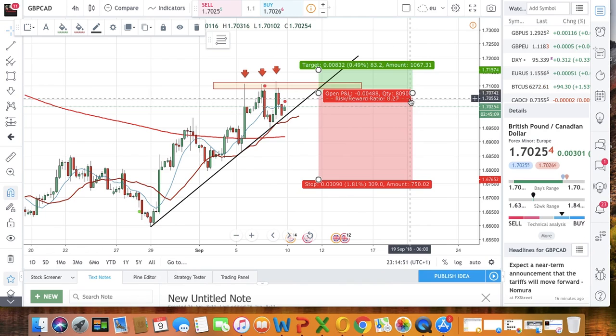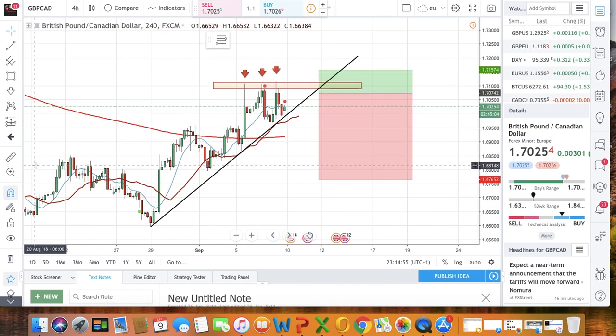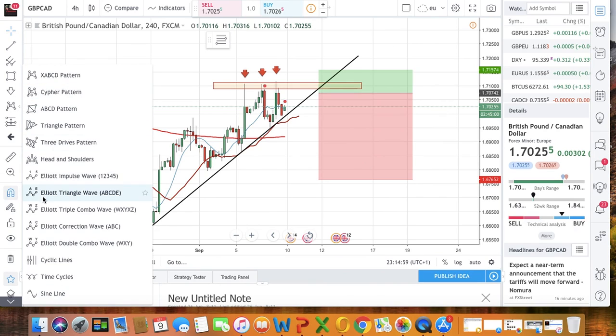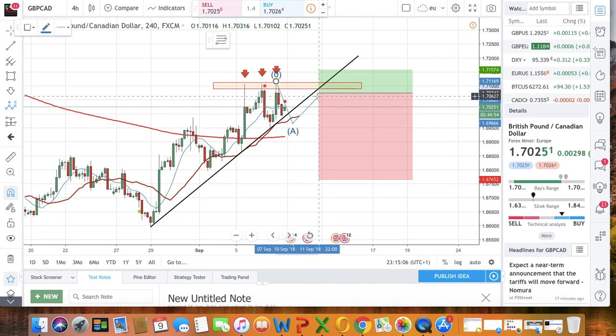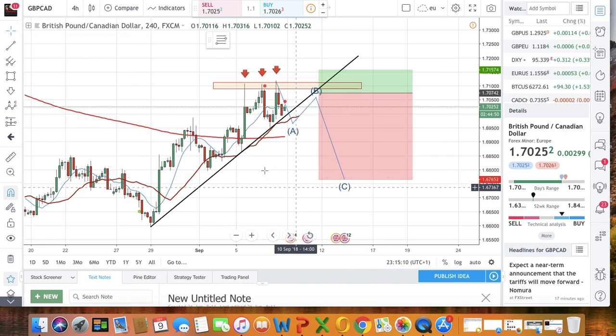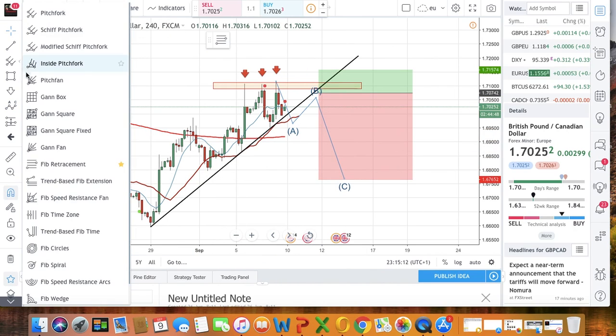So nice 1 in 3 risk reward. If I take a look at this position, let's see if we can see an ABC Elliott wave potentially formed. And then we'll just get our Fibonacci to allow.